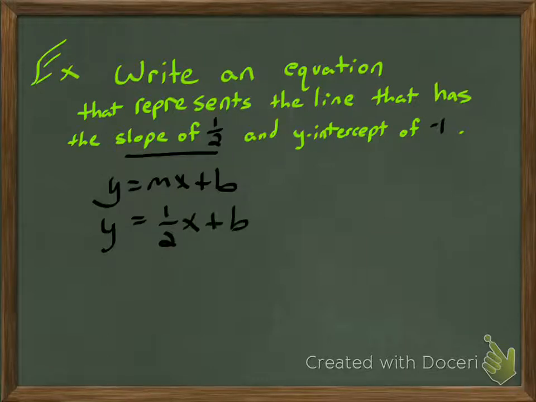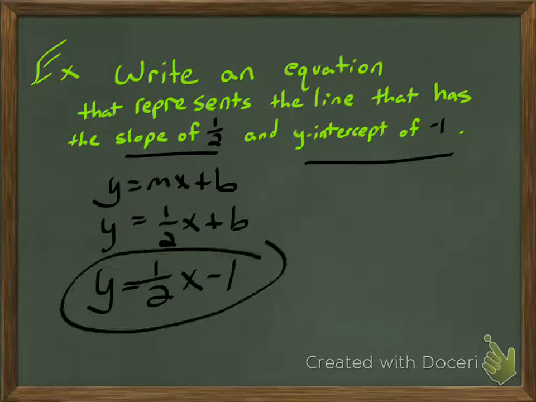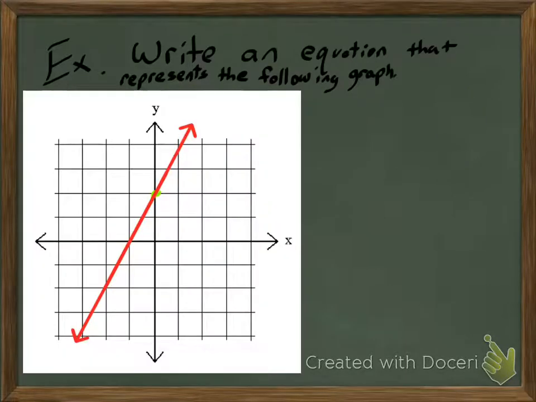Now, what's my y-intercept? My y-intercept is -1. So I'm going to rewrite it again with my y-intercept as -1. And that's all there is to it. This is the equation. The equation that represents the line that has a slope of 1/2 and y-intercept of -1. It's that easy.